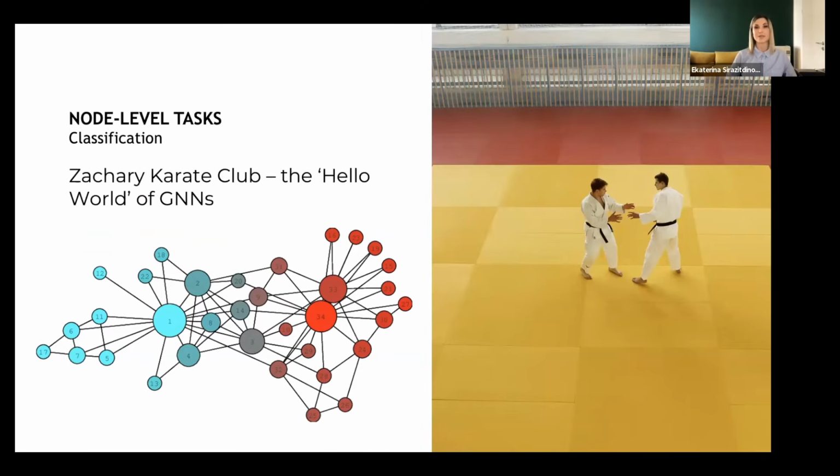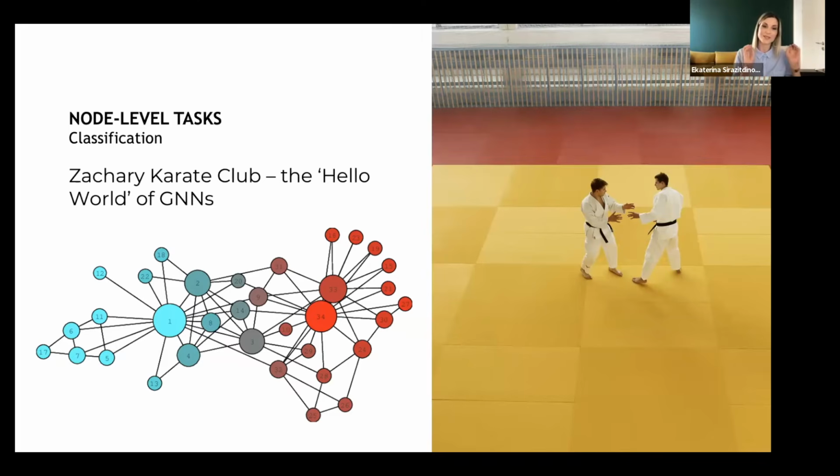One good example of that applied to graphs is the so-called Zachary Karate Club, which is also considered to be the hello world of GNNs. The idea is to use a graph neural network to predict the following. In one small town, there is a karate club, and there is an instructor and the administrator of this club who got into fights, and a big conflict arose between those two.